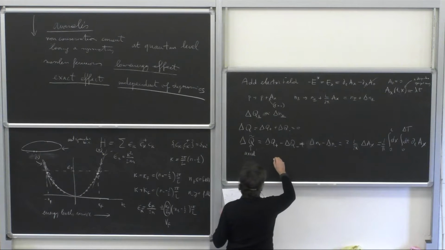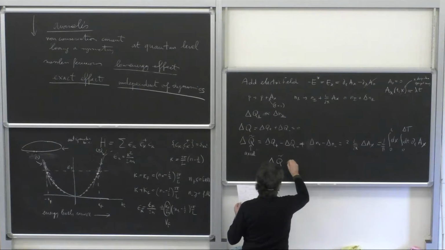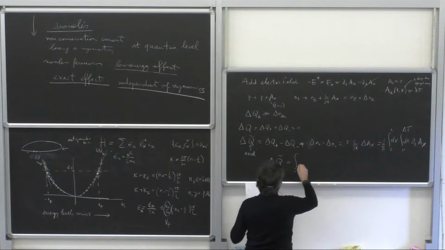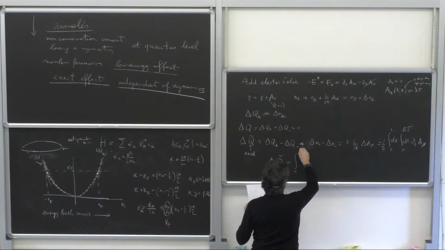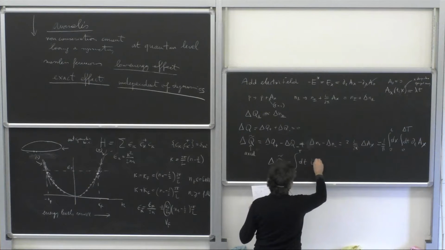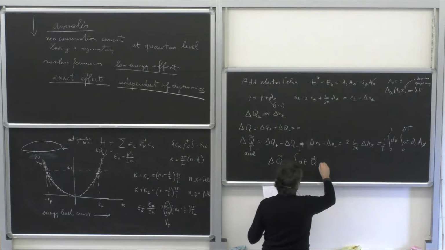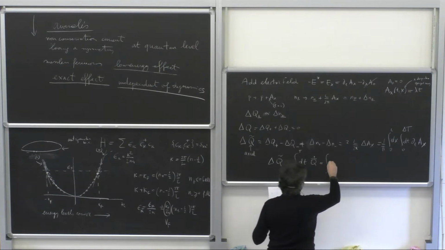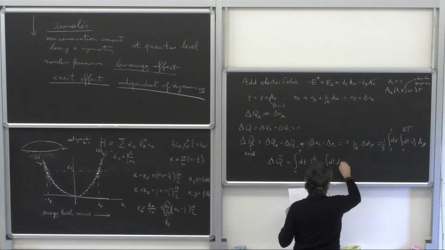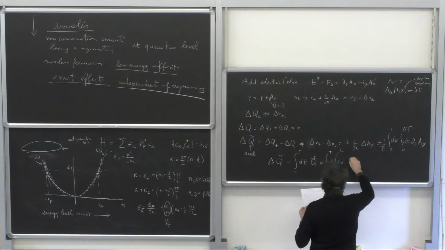So you can say that delta Q axial is the integral between 0 and time of dt of Q axial, which is dt dx of J0 axial.